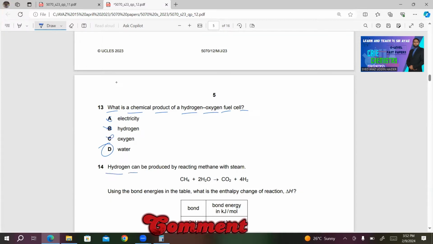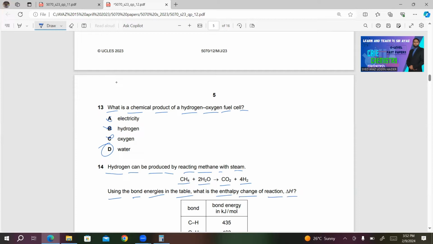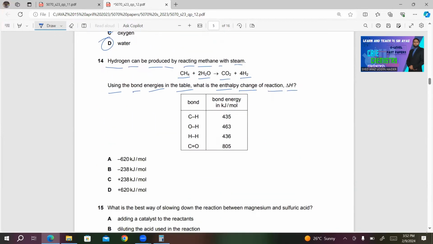Number 14, hydrogen can be produced by reacting methane with steam. Here's a reaction. CH4 plus 2H2O gives CO2 plus 4H2. Using the bond energies in the table, what is the enthalpy change of reaction delta H? So here's a table for bond energy.